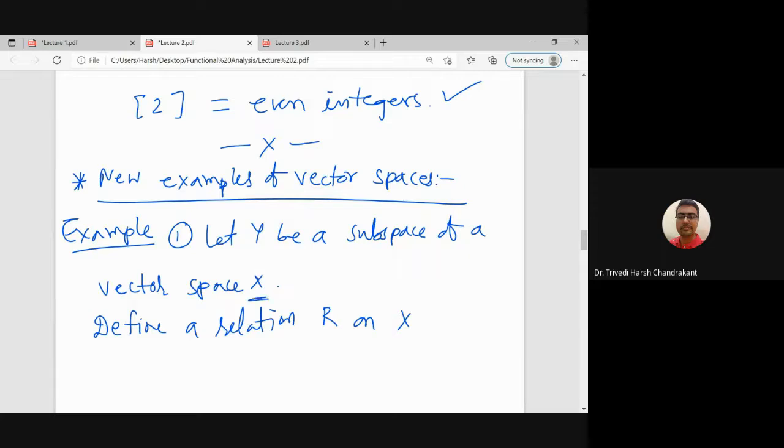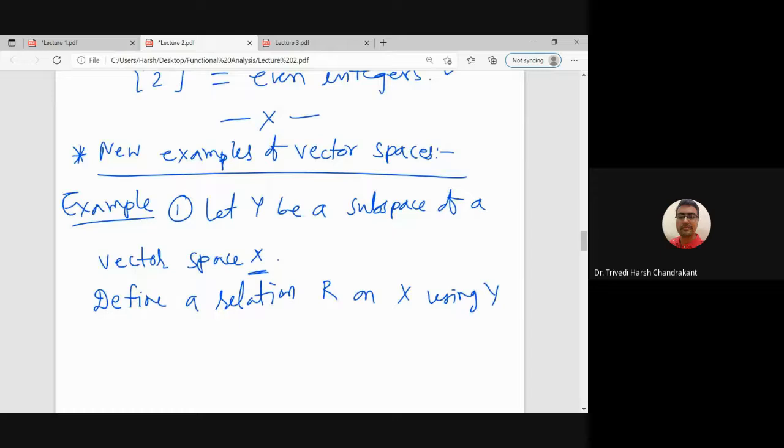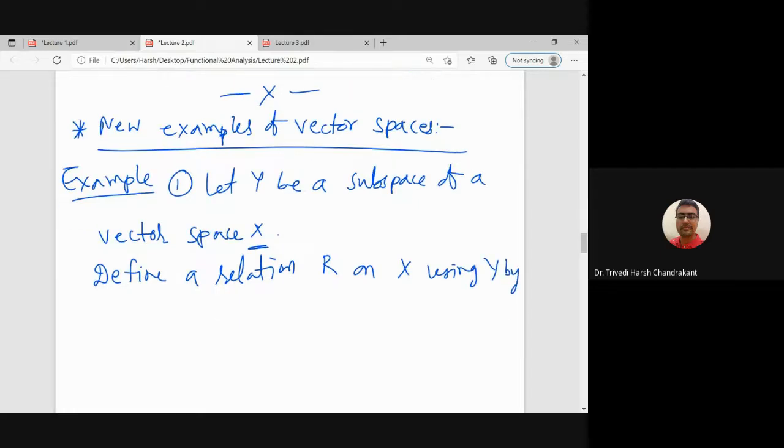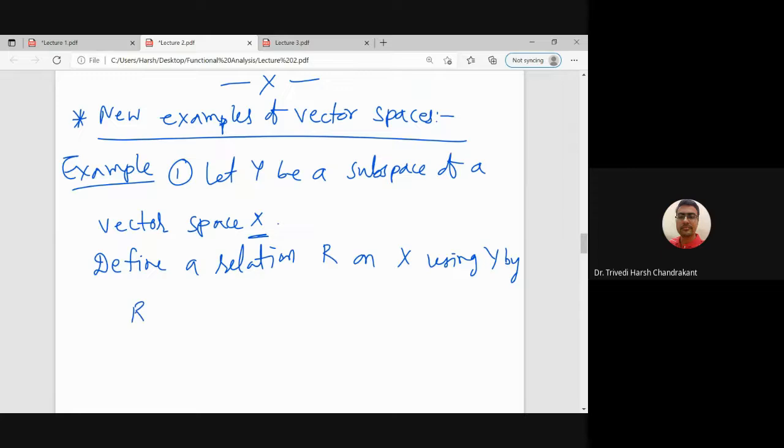We are defining a relation on that vector space using subspace Y. R is defined to be, of course, a subset of X cross X, and we will define the relation as x1 minus x2 is in Y. So x1 and x2 are related if x1 minus x2 is in subspace Y. Right?